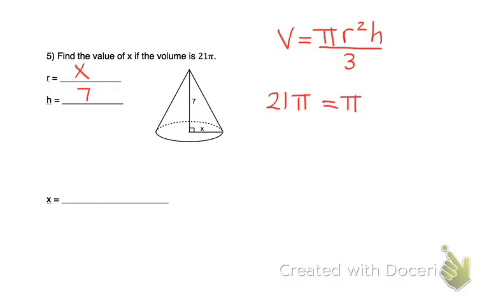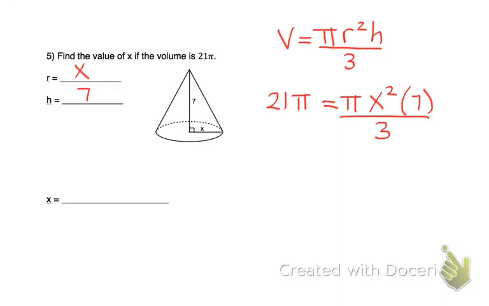I have my pi, I'm going to rewrite that. My radius is x, so I'm going to do x squared times the height, which is 7, so times 7, and then divide it by 3.